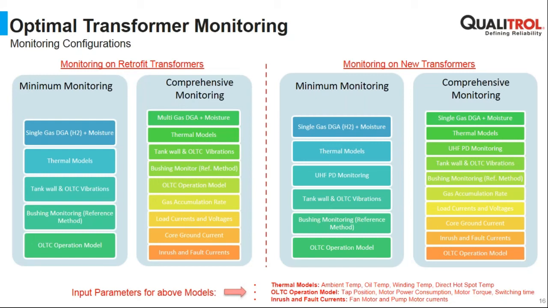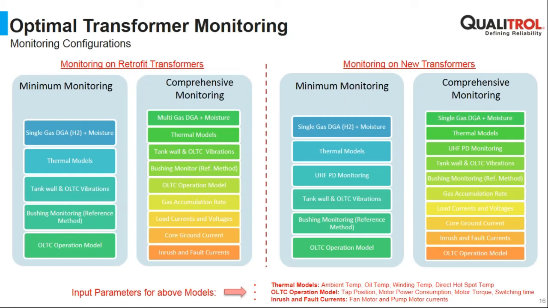In that regard, if you look at the parameters, and that's also a bit based on what the statistics say is going to fail on a transformer, which can vary, of course, according to your own history.